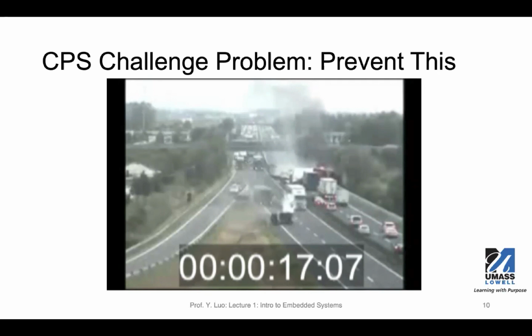That's an example that can show us the importance of a properly designed cyber-physical system, and also shows the consequences if the design is not successful or not reliable.